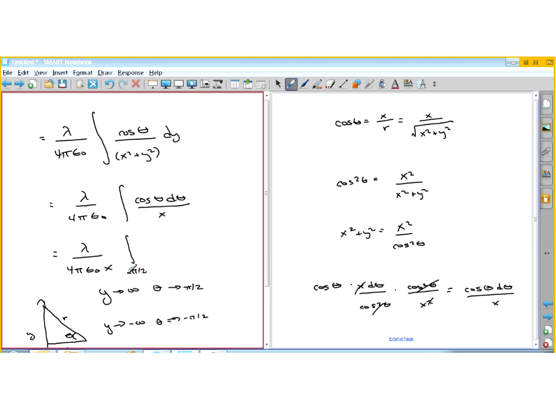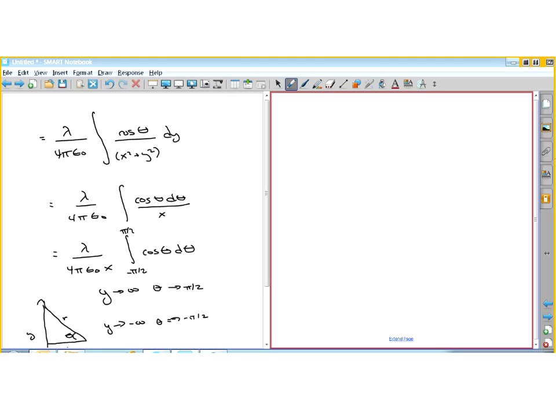And the limits are from negative pi over 2 to positive pi over 2 of the cosine of theta d theta. Well, the integral of the cosine is the sine. So we get the sine of theta evaluated between negative pi over 2 and positive pi over 2.